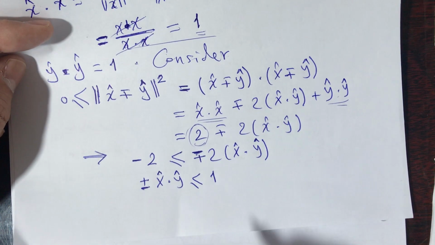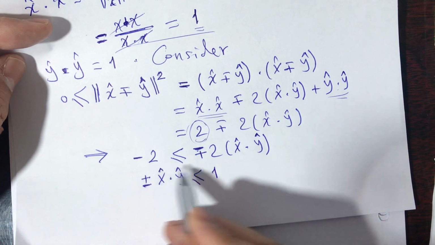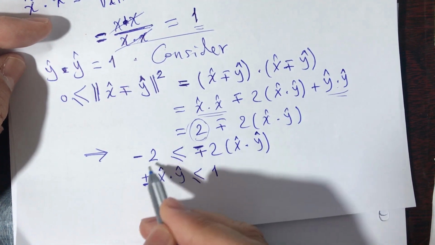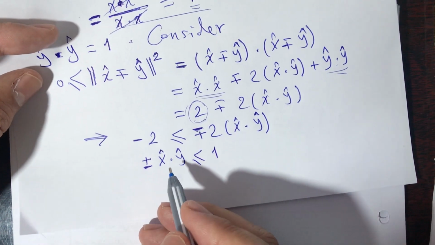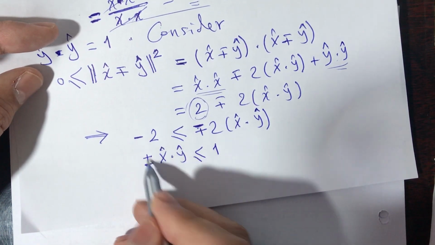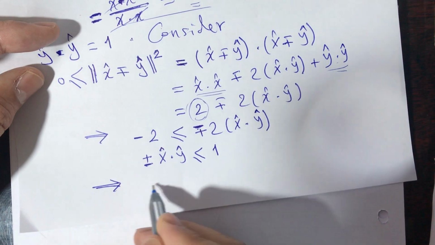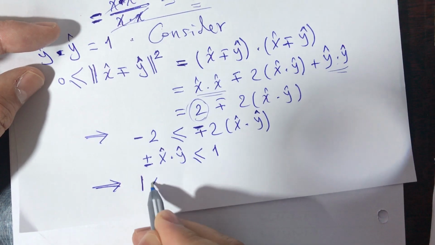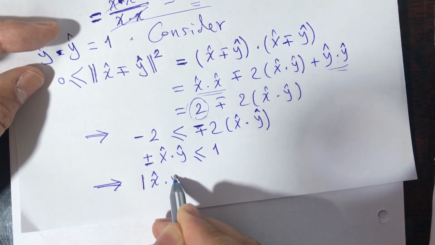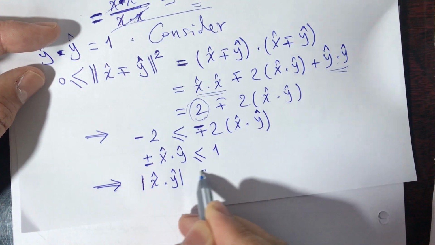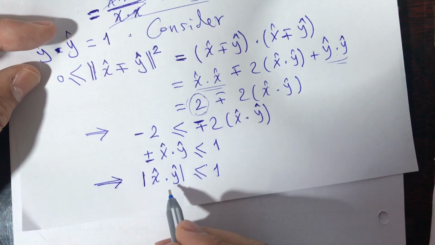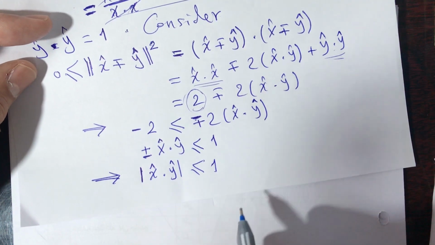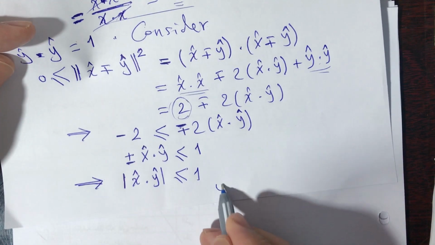This implies the absolute value of x hat dot y hat is less than or equal to 1. And this is page number 4.